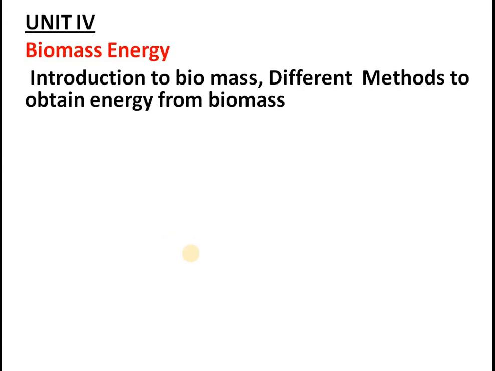And in unit 4 we will separately look into biomass energy. Biomass simply means whatever waste you get from agricultural fields, or animal waste, like cow dung or human excreta. These all are biomass.